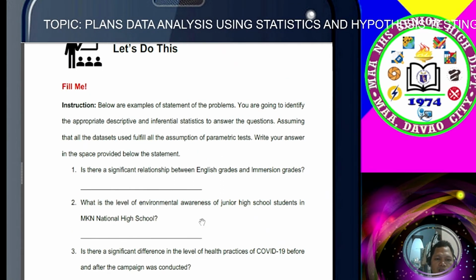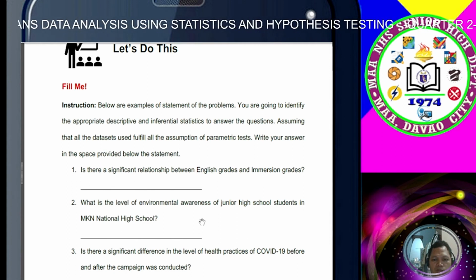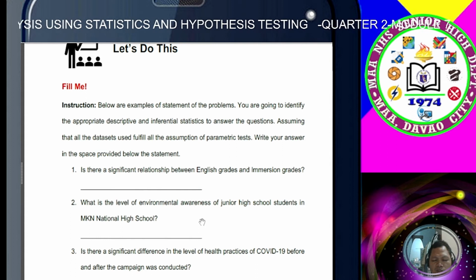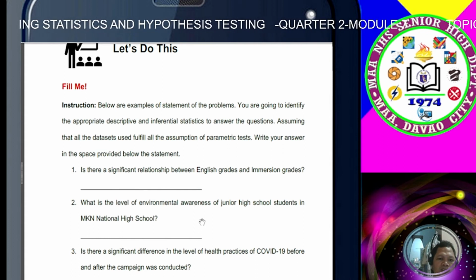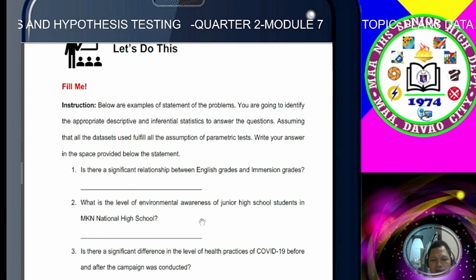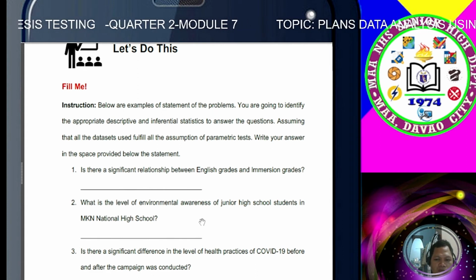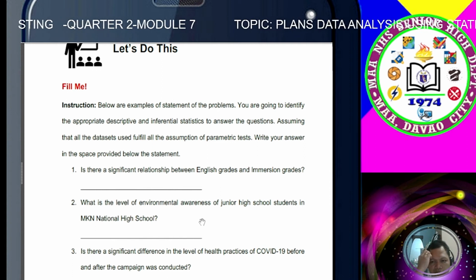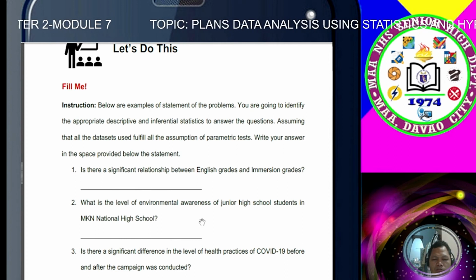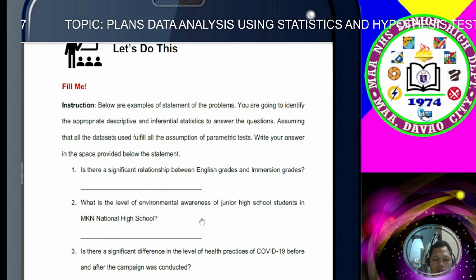We have here instructions below, which are samples of statements or problems. You're going to identify the appropriate descriptive and inferential statistics to answer the questions, assuming that all data sets fulfill all assumptions of parametric tests. So write your answer in the space provided below the statement. Number 1, is there a significant relationship between English grades and immersion grades?